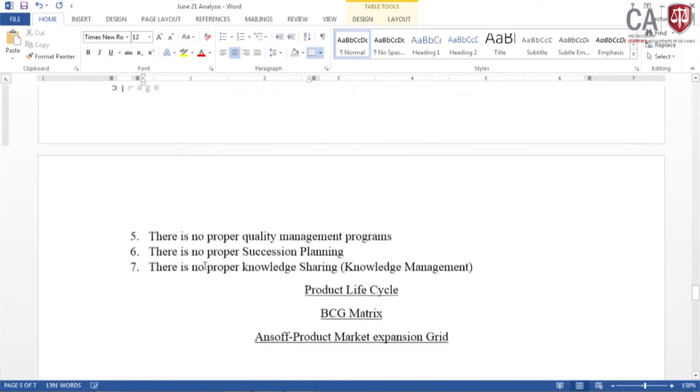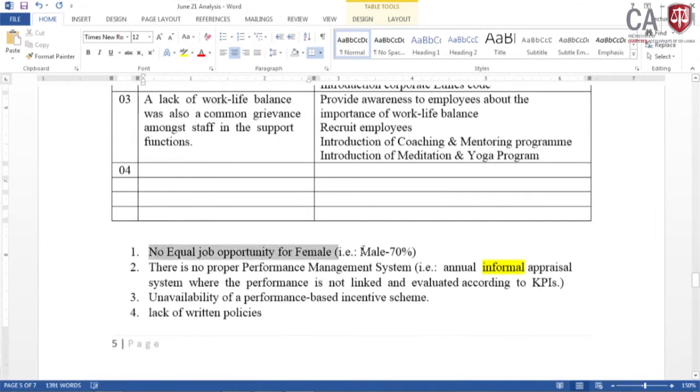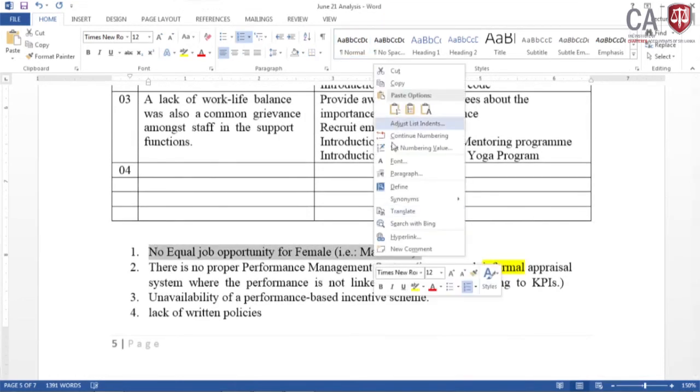Then issue number 4, no equal job opportunities for female.